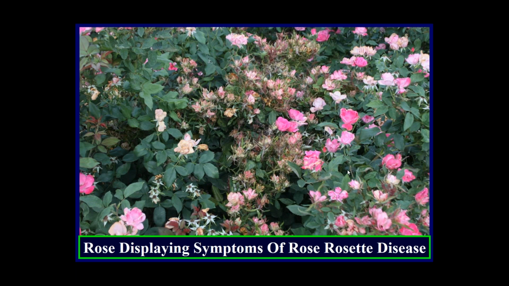Here is the typical witch's brooming. And let me just state, roses that are exposed to glyphosate, Roundup, if you get drift on a rose, they will also exhibit witch's brooming, okay? So just beware of that. Witch's brooming, and here is the normal growth. This is the growth that has the virus in it.